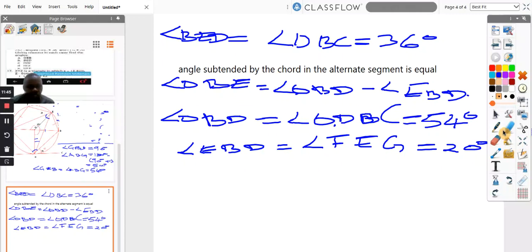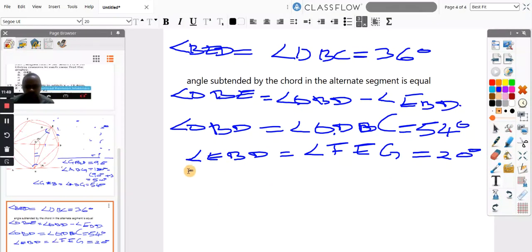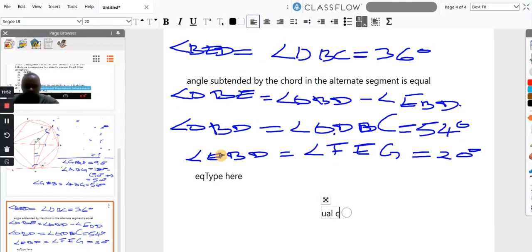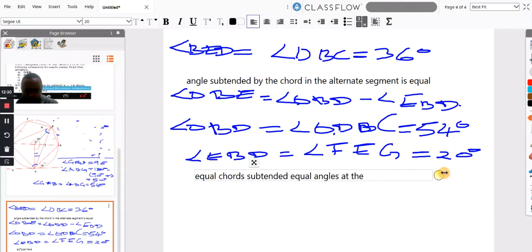This reason you can give as equal chords subtend equal angles at the circumference.